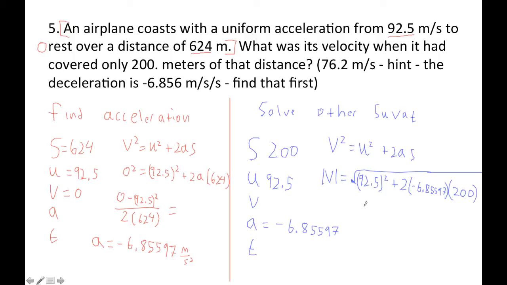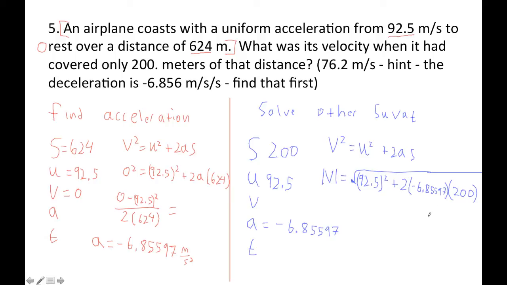Now we can just plug that into the calculator. I'm going to go second square root. And I have to type the left parenthesis there. 92.5 squared plus 2 times negative 6.85597. Now, actually, what you could do is store that in a variable and then just recall that. You go 2 times A times 200. Okay, times 200. I'm typing that in because that's what I've written down.